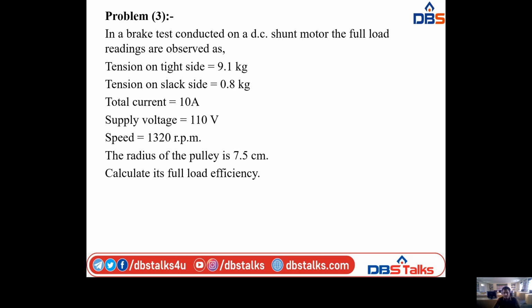By observing this, they have given the retardation test. Actually in the retardation test we have to take the set of motor and generator. Here they mentioned that the DC machine is running as a motor, so I am taking the motor.